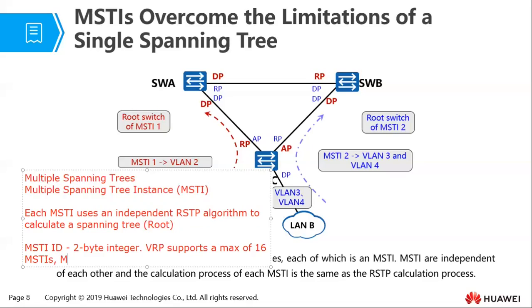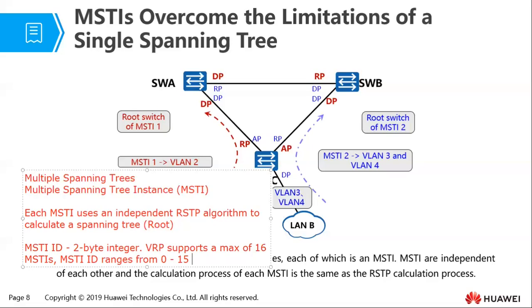Now, generally, the MSTI ID ranges from 0 to 15. So an MSTI might have an ID of 0, 1, 2, 3, 4, all the way up to 15.